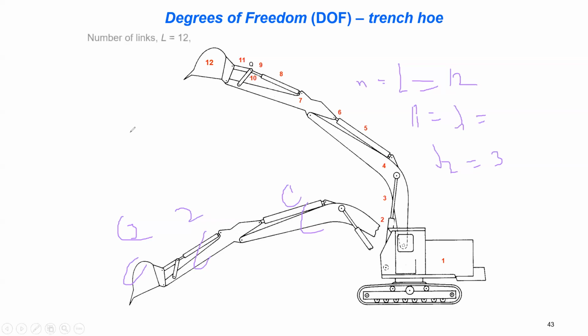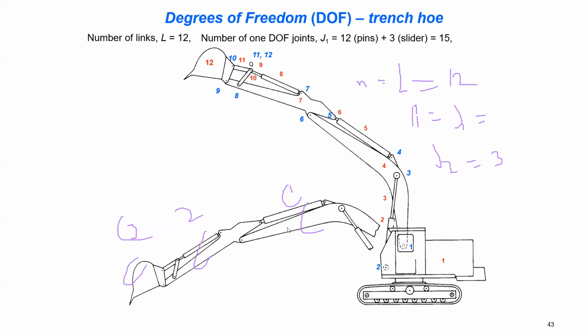So you realize the number of links are 12, as we've said. So now, also, we are going to count the number of degrees of freedom with 1 degree of freedom. Our J2 will be 12 plus the 3 sliders, okay? The 3 sliders.